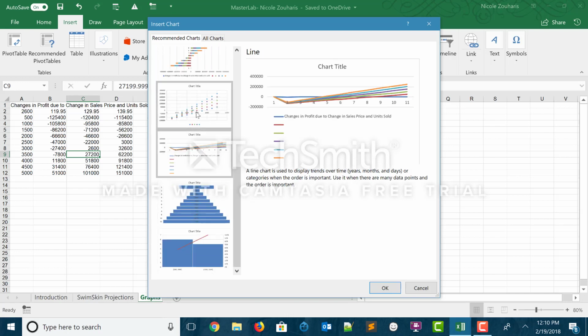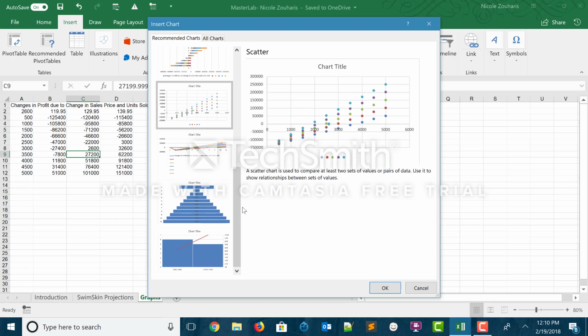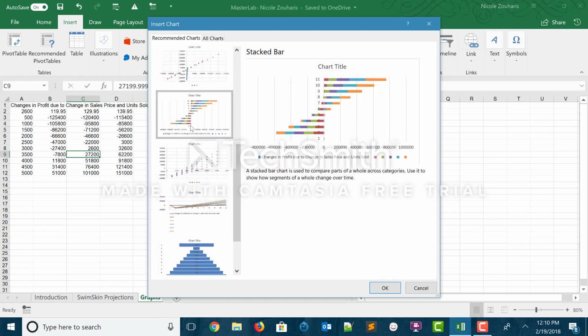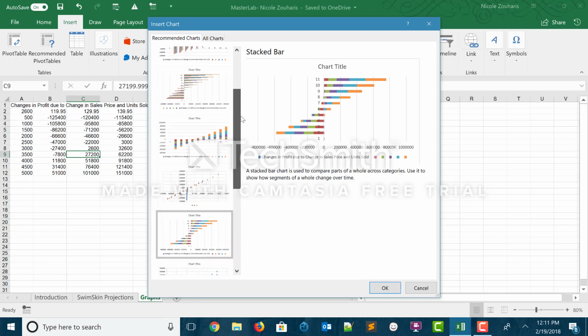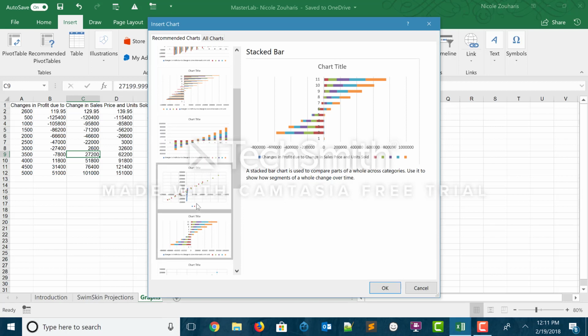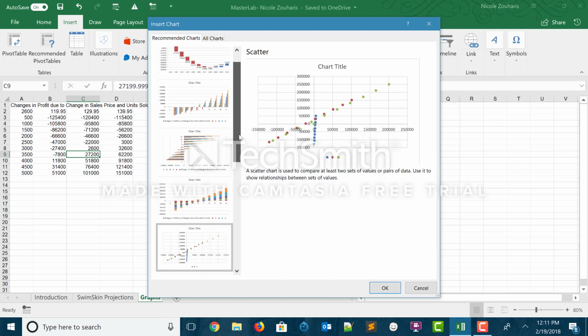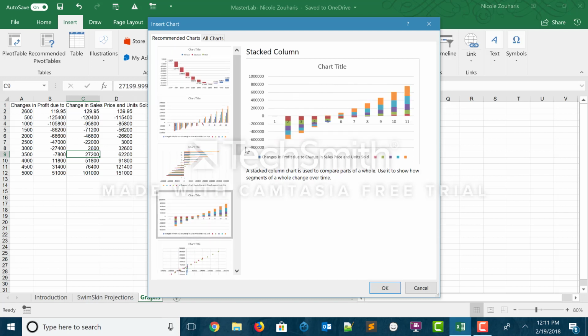The line graph's kind of messy. Scatter plot, it wouldn't be the best idea. This one is cool looking, but it doesn't really show me what I want to see, and they're stacked, so you can't easily determine the different values at each sales price. A different scatter plot, not what I want to look for.